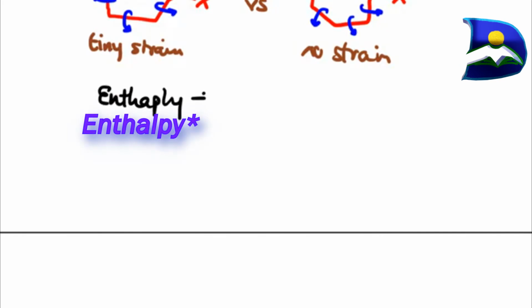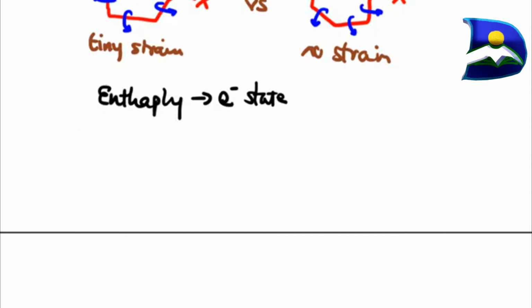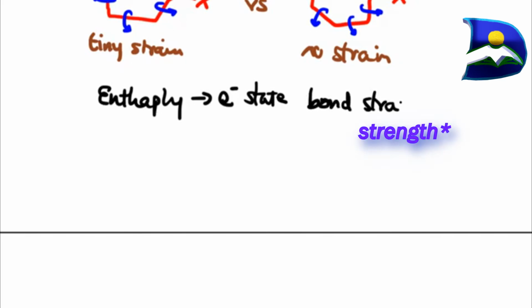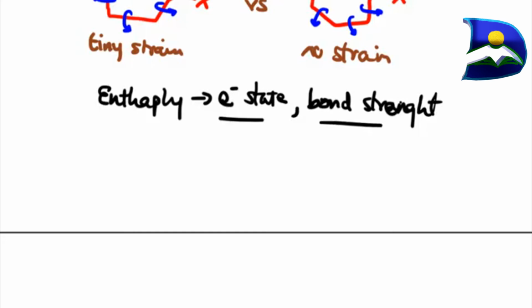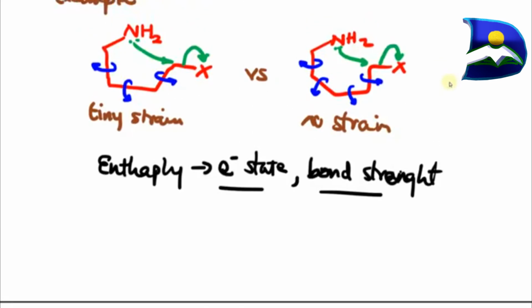entropy focuses on the electronic states, and the electronic states and the bond strength are in play in this particular reaction, and these have to be the variables taken into consideration in this type of reaction.